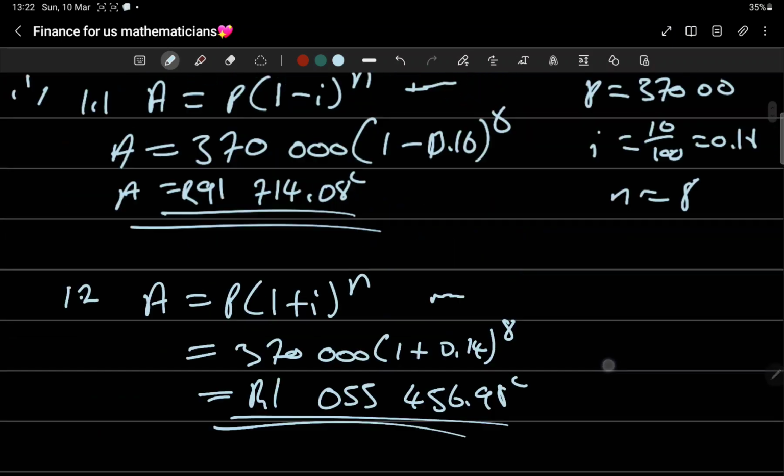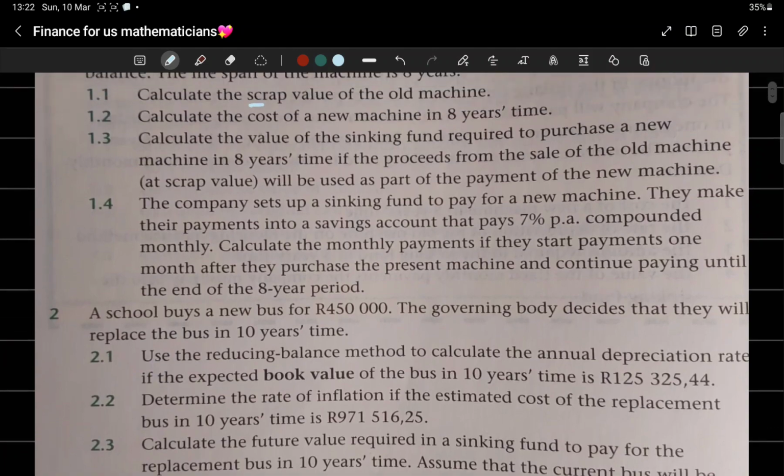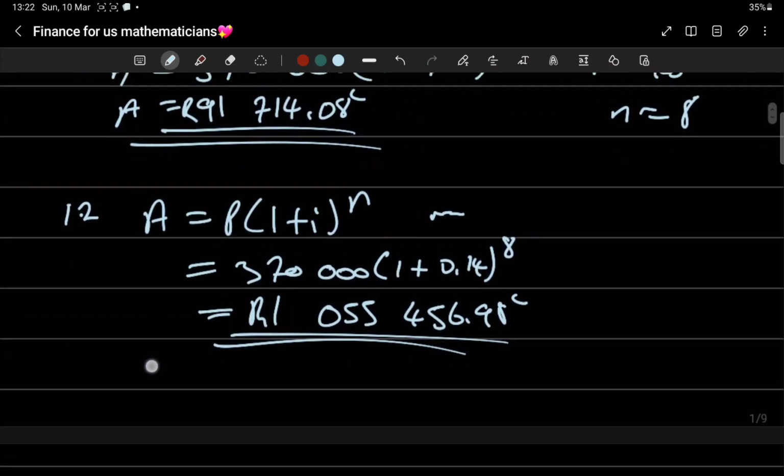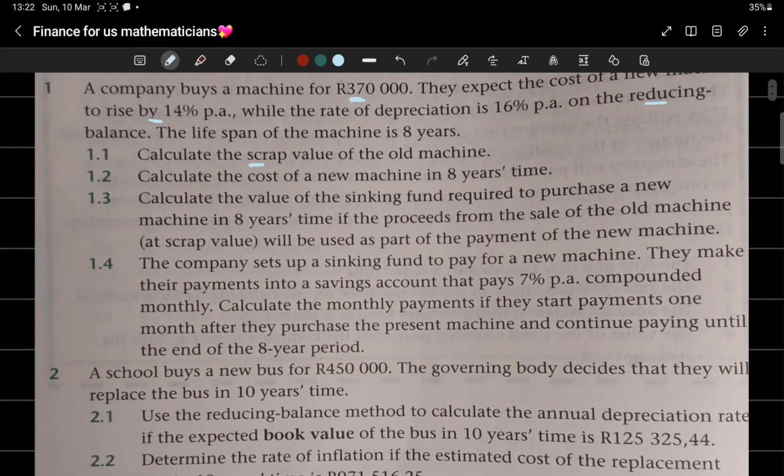1.3. Calculate the value of the sinking fund required. Sinking fund is like the budget. What is the budget they will require to purchase a new machine in 8 years' time, if the proceeds of the sale of the old machine as scrap value will be used as part of the payment?